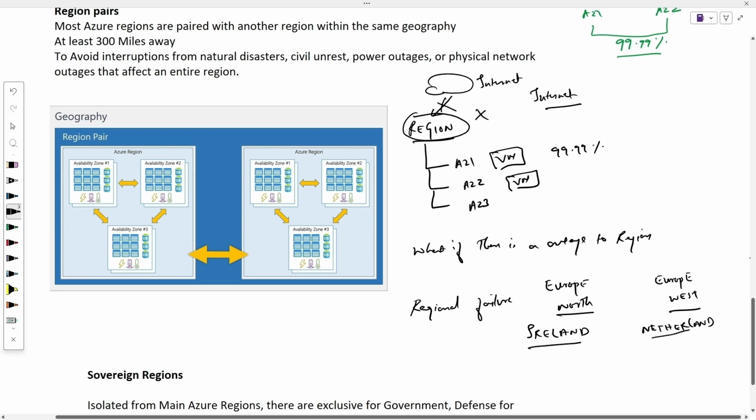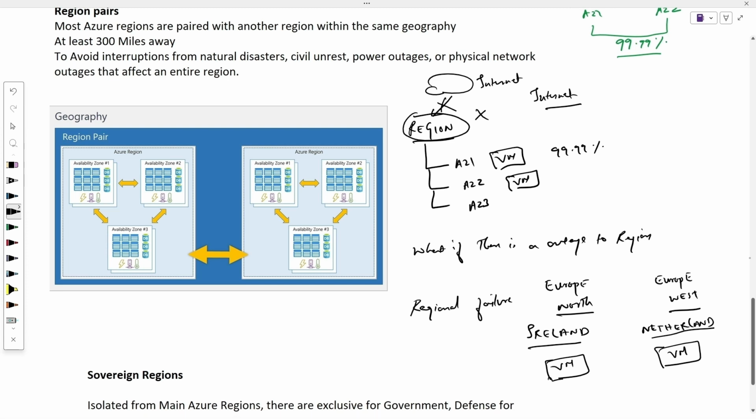If you have hosted your virtual machine in two different regions, we know that each region has 3 availability zones. Ireland has 3 availability zones, and Netherlands also has 3 availability zones. What I have done is deploy my workload in one of the availability zones in Ireland and in one of the availability zones in Netherlands. These two virtual machines are providing the web services for the customers.